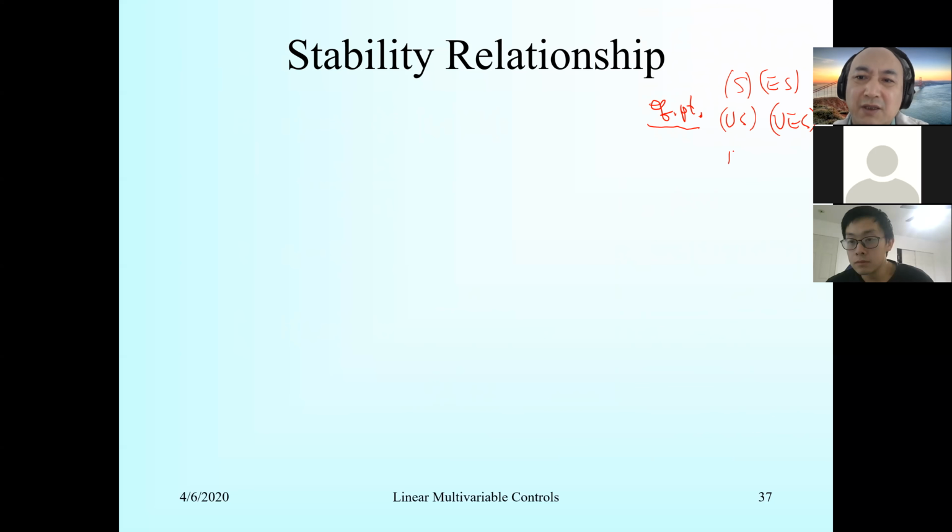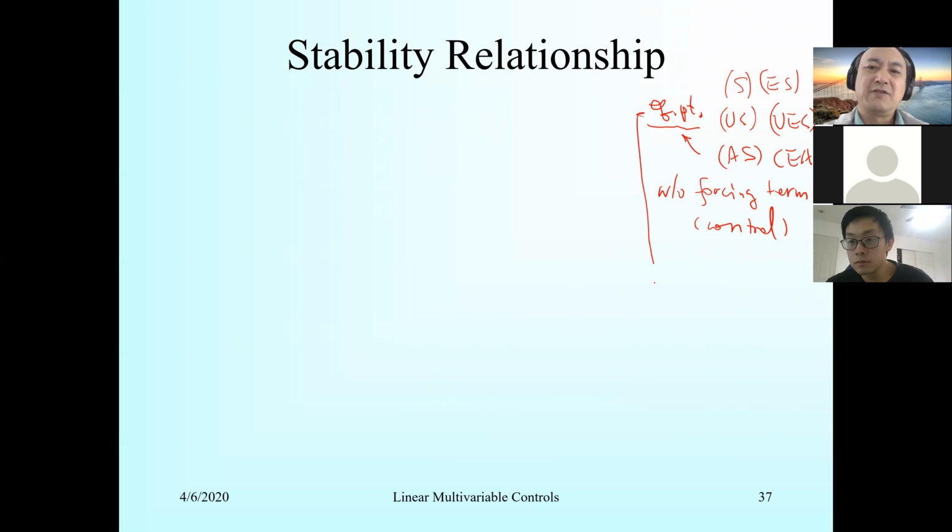We also talk about asymptotic stability and uniform asymptotic stability. This is all about the equilibrium point, for a homogeneous system without a forcing term. The forcing term is also called control.